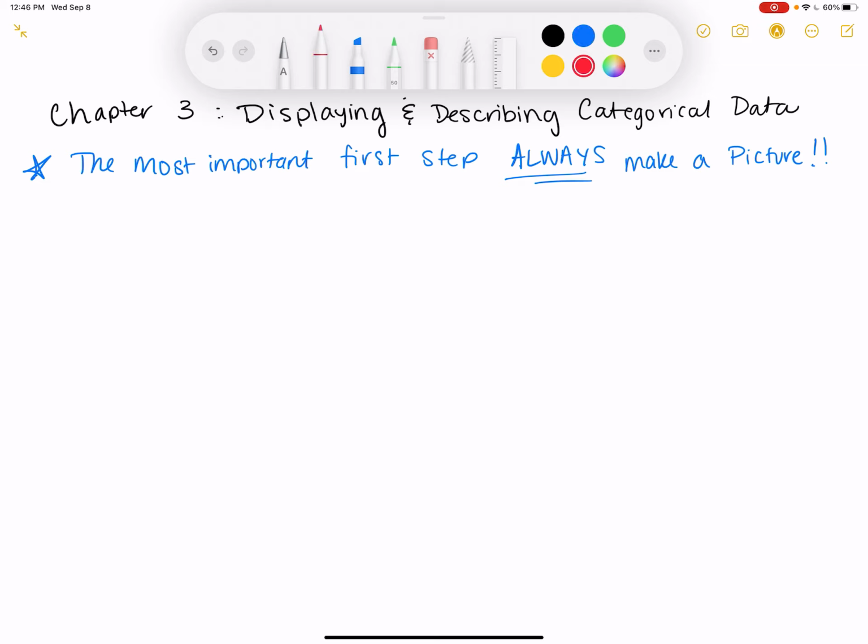So a couple definitions here, and then I'll show you visually what these look like. Frequency tables record total counts in each category.